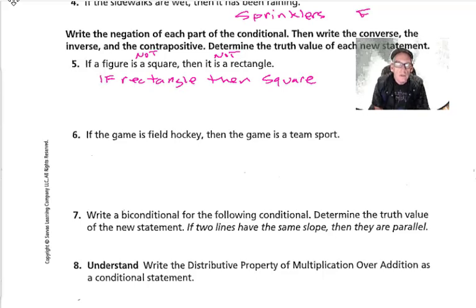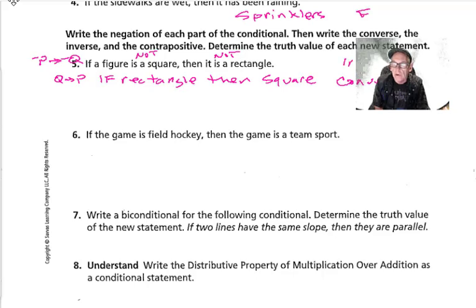Now converse form is if Q then P. That's the converse. Let's write the inverse, then we'll determine truth values. Inverse, you leave the Q and the P where they're at and you put nots in front of them. So what we actually did up here was the inverse. It's not P, not Q. So nothing's changed other than the nots are added.